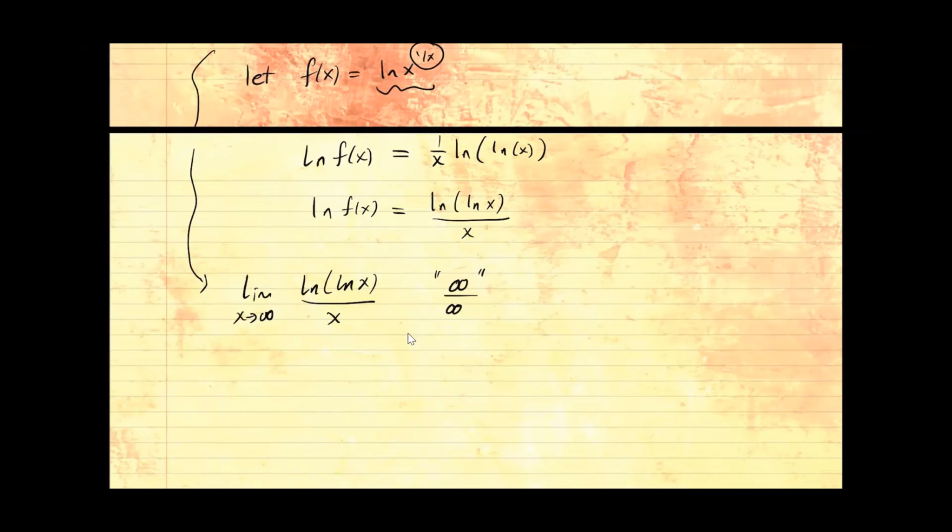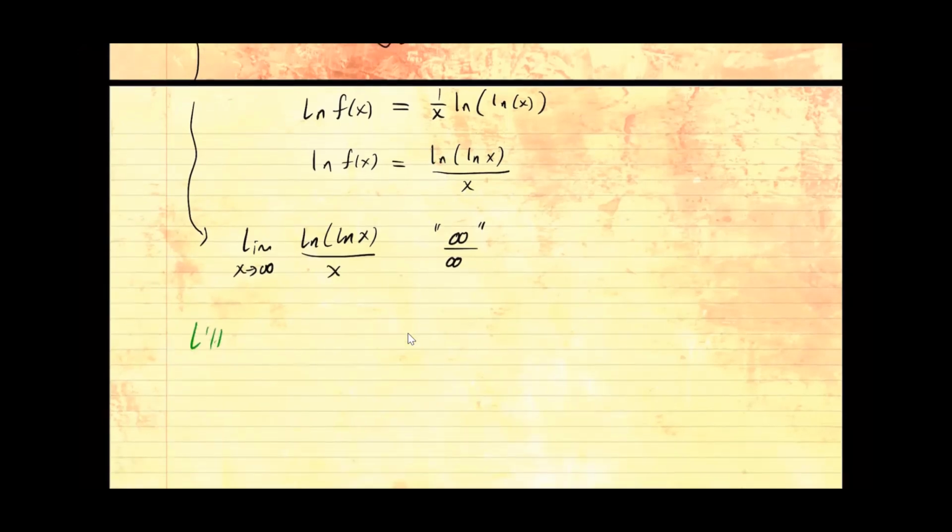So now this is our favorite part, right? You just take the derivative on top, derivative on the bottom. So limit as x approaches infinity, we're taking the derivative of the top, that's ln of x, and we're going to take the derivative on the bottom. Oh, sorry, I didn't mean to write that. I meant to write this.